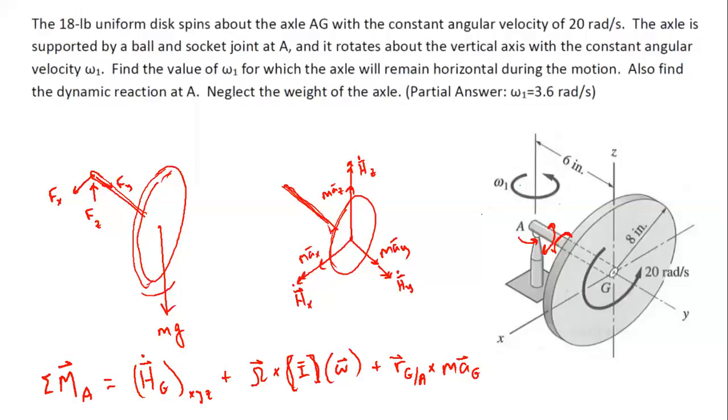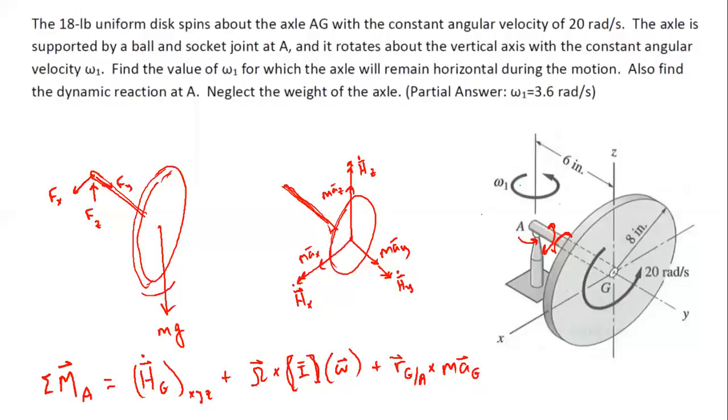Okay, and this is going to be a little bit like some of the gyroscopic stuff that we're going to do in a little bit, right? So what do I end up having in this term? How do you want to set your capital omega? Can I make it just be the 20 radians per second?